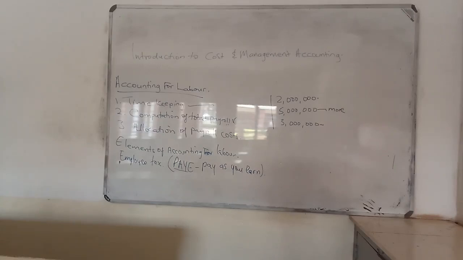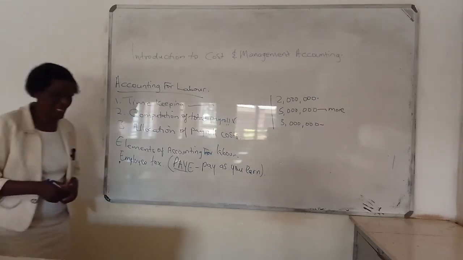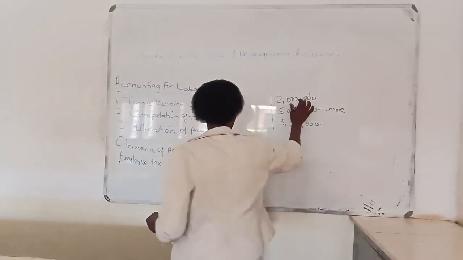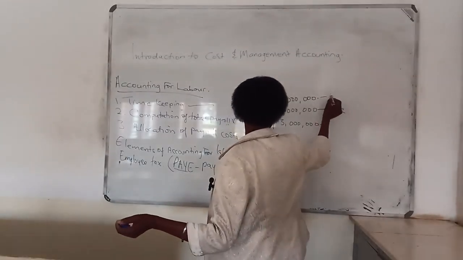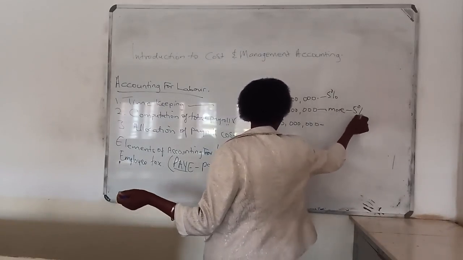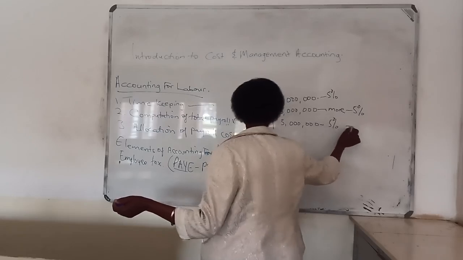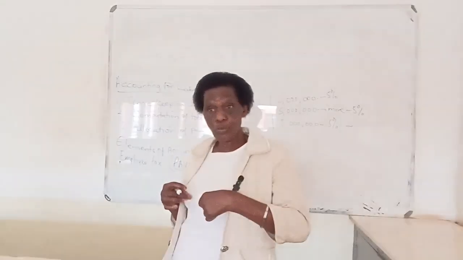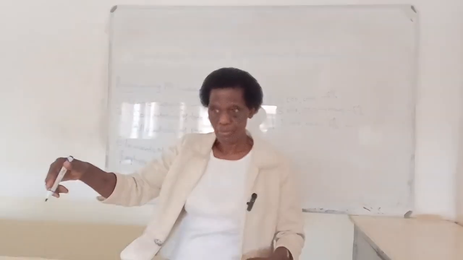But those that are young, once employed, are supposed to have pension deducted. That pension, for example, as we have already had an example, you can get a certain percentage, say 5%, deducted from her salary to pension. But the employer also has another contribution that goes to him or to her.